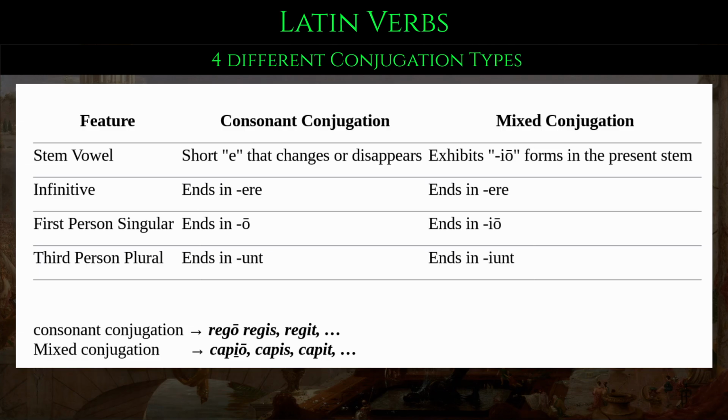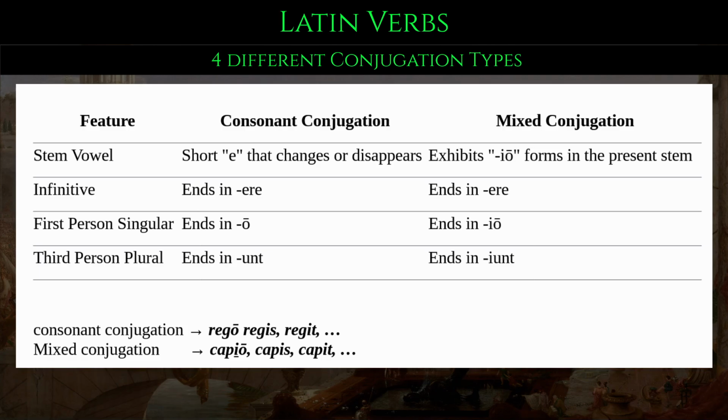Then we have the first person singular. The consonant conjugation ends in O, that is a long O. But the mixed conjugation ends in IO. Again, a long O, but this time we have an I before the O. The same thing happens in the third person plural.